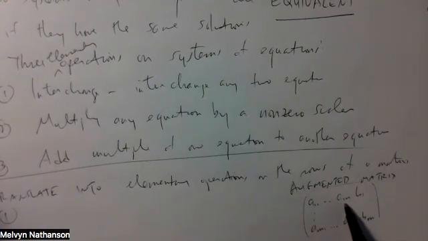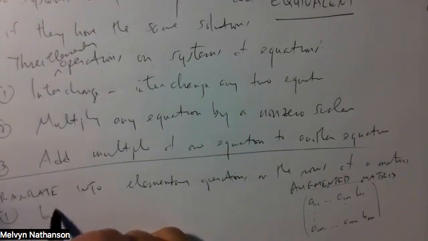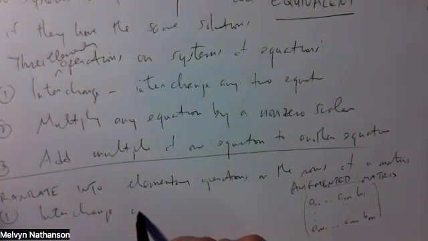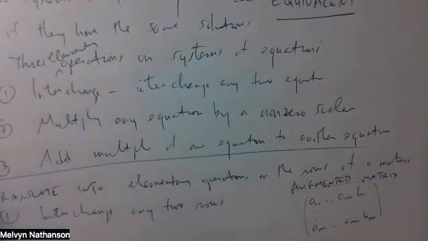The A's are the coefficients of the equations, the B's are the right-hand sides. So to interchange two equations simply means to interchange two rows. So one elementary operation on the rows of a matrix is that you can interchange any two rows of the matrix.